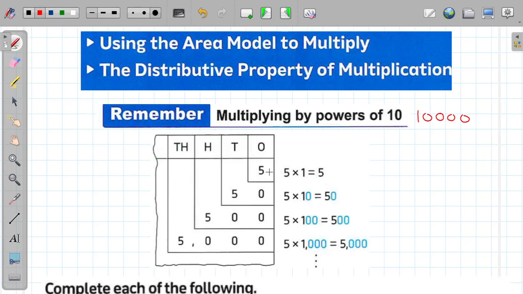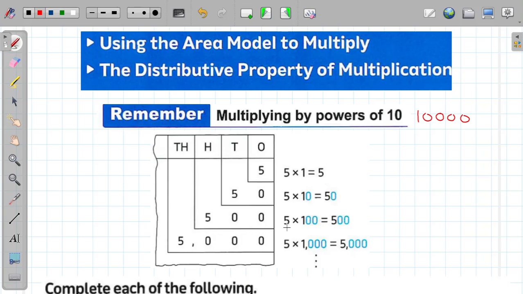What is the meaning of multiply by powers of 10? If I want to multiply by 1, I don't have any zeros, so the number stays the same. If I want to multiply by 10, I will add just one 0. So 5 times 10 equals 50: I multiply 5 by 1 and add one 0.